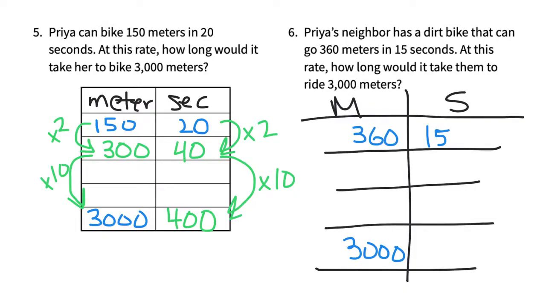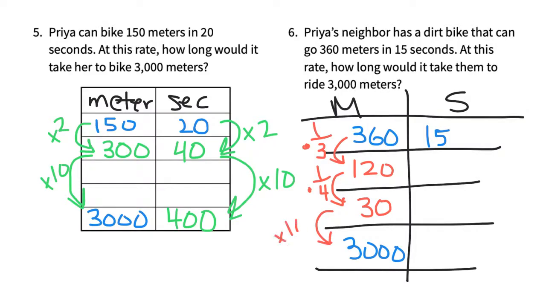If we divide by 3, that's the same thing as multiplying by a third, I get 120. And then let's divide by 4, so I'm going to multiply by a fourth. When I do that, I get 30. Because then I can multiply by 100, and that gives me 3,000.